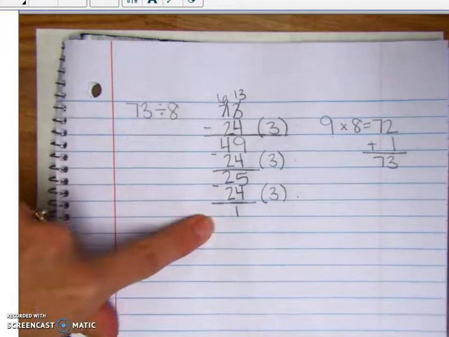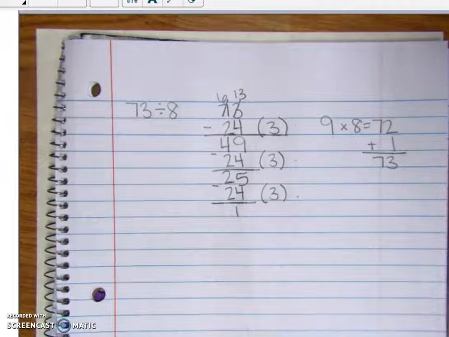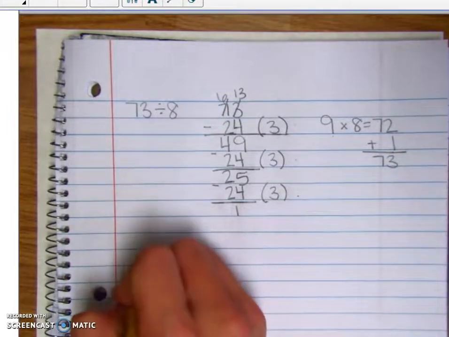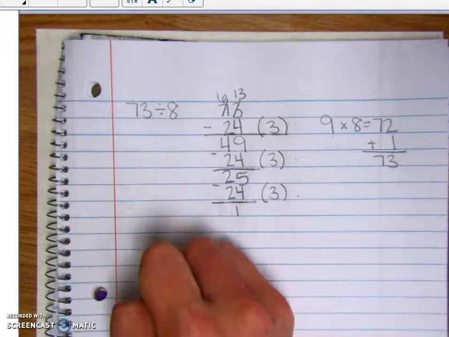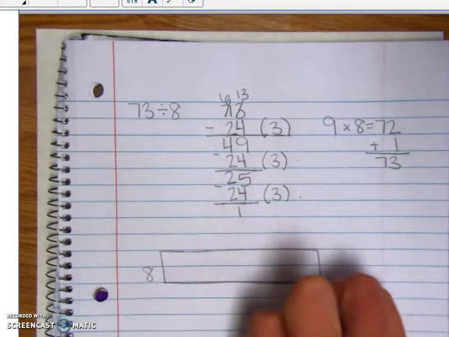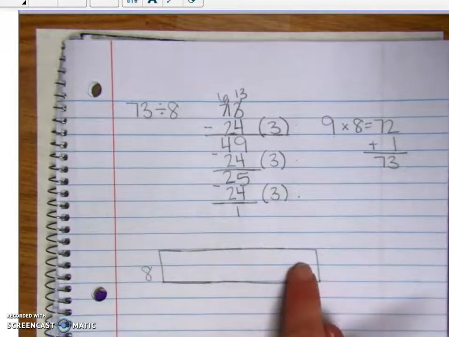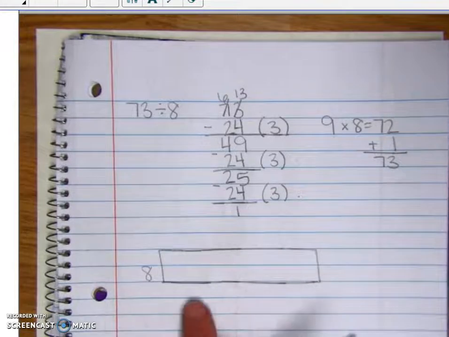Because this right here is what I want you to do for that box method. Remember, we talked about that last week. We said we know there are going to be 8 boxes to divide these into. So we need to split up 73 so that 8 will go into it, right?